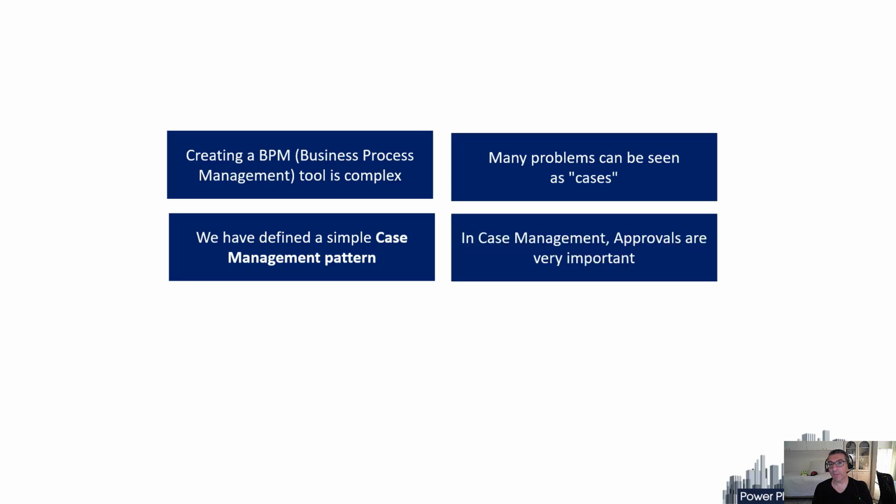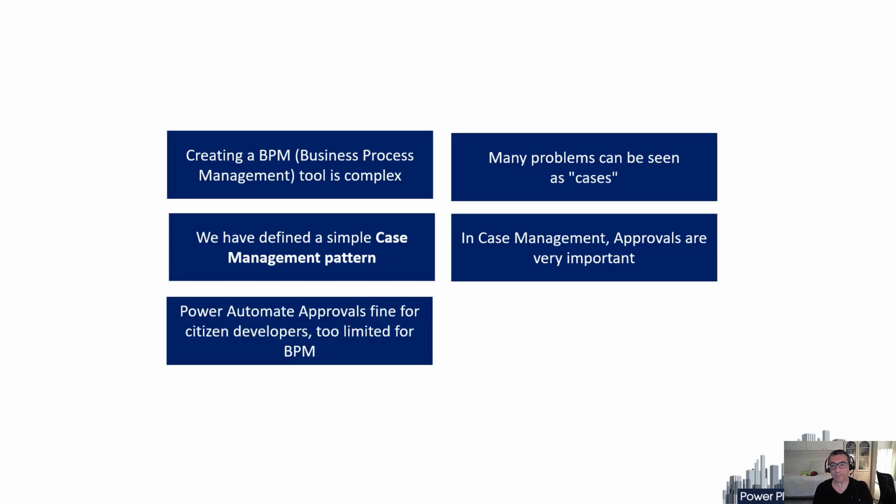In case management, approvals are very important. There are different types of approvals. It's not just approving something and stopping the whole workflow; it's also saying that you don't recommend something, or you recommend something, but even though you might not recommend it, the workflow can go to the next step. So approval can be very complicated.